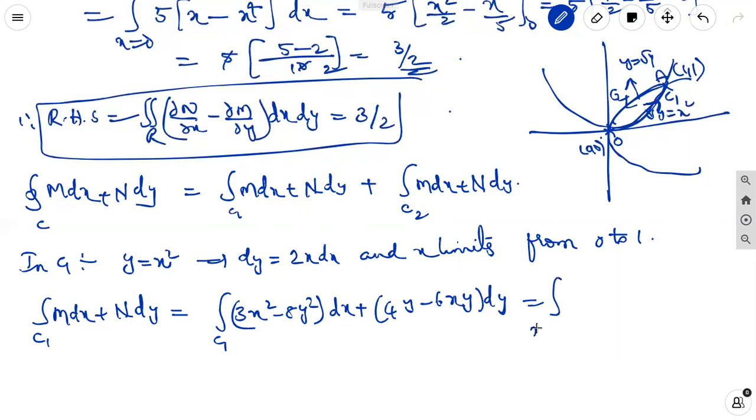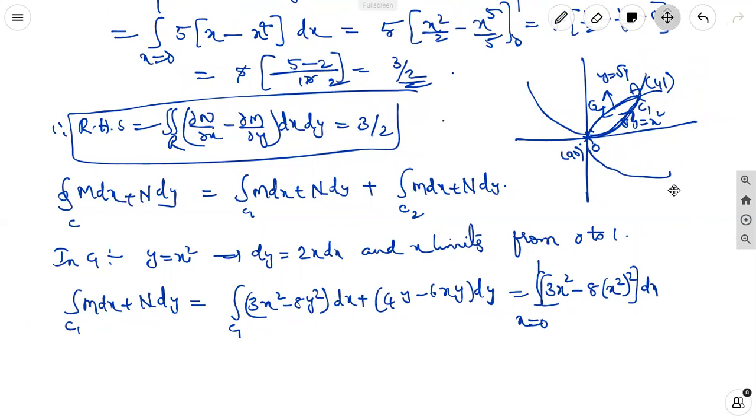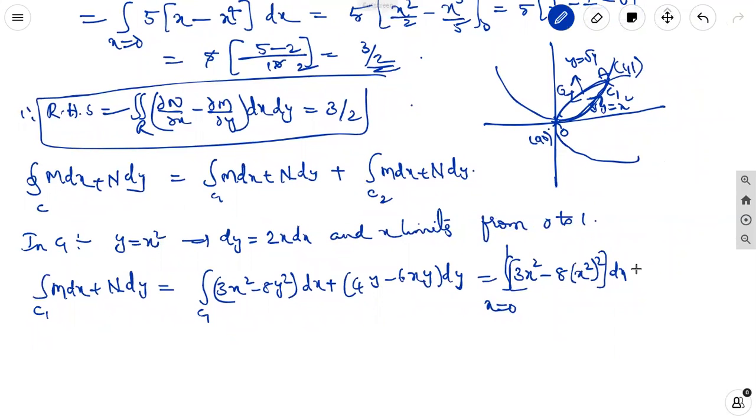It is equal to the integral x equal to 0 to 1, 3x square minus 8 into y, which is nothing but x square, whole square, into dx, plus 4 y, which is x square, minus 6x into x square, and dy is nothing but 2x dx. It is equal to the integral x equal to 0 to 1.